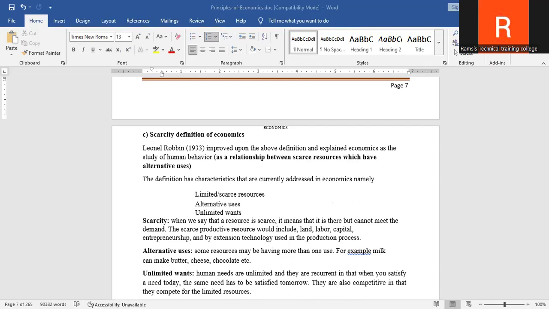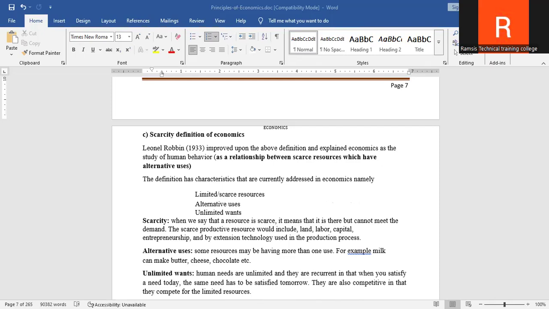Now, we need to understand some of the characteristics of human wants, other than just changing into a form that can be used, other than being stored for a particular period of time, other than the exchange, whether you have the purchasing power, and also being able to be distributed or reach where they are needed.